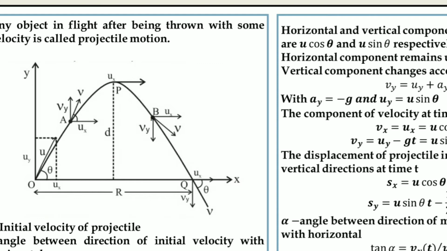So there will be an increment in the velocity after point P in the downward direction. There are two components of velocity, that is Vx and Vy, or you can say Ux and Uy, which you can use in the expression.